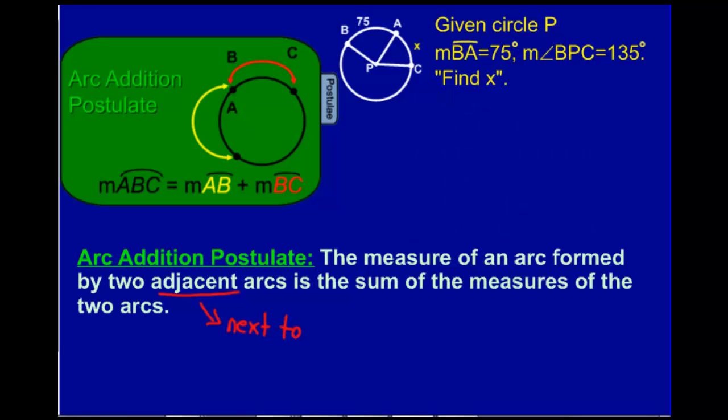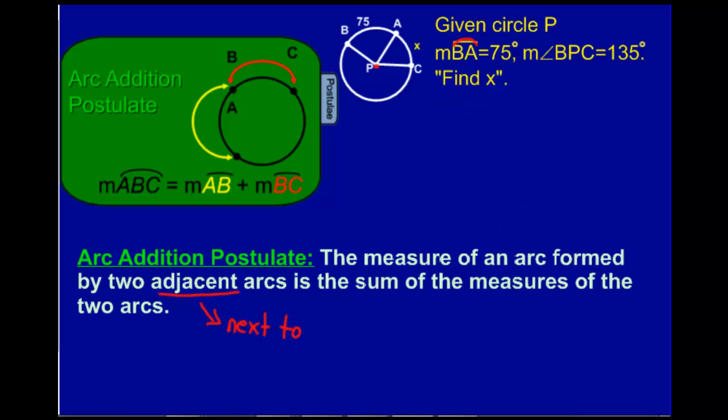So here, given circle P, if we look at this example, the measure of arc BA, and that should be an arc that looks a little more segment-like, the measure of BPC is 135. Find X. Now what we want to remember here is that the central angle equals the intercepted arc.